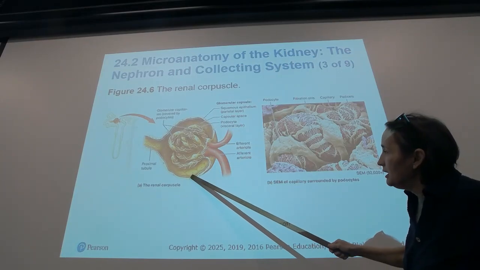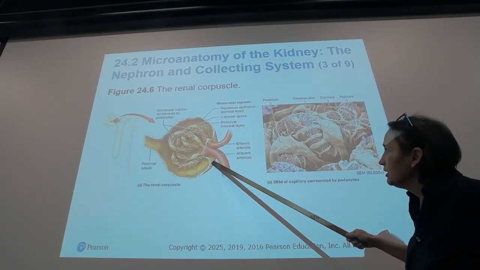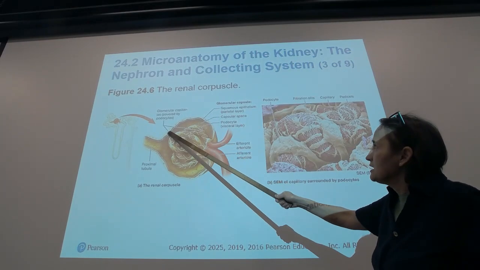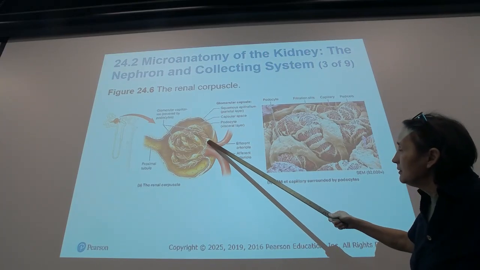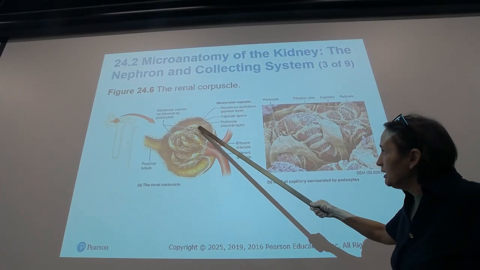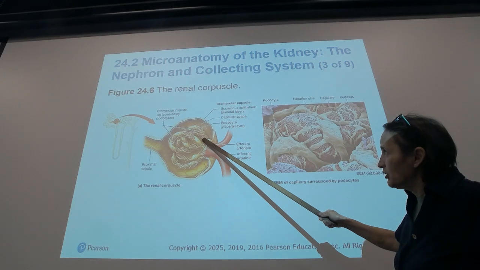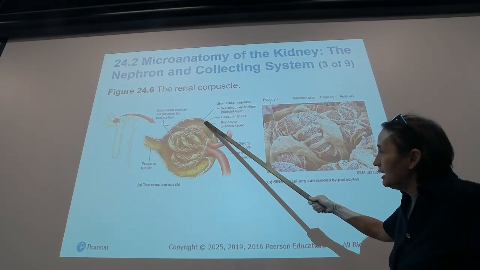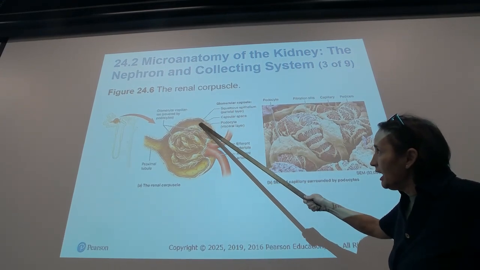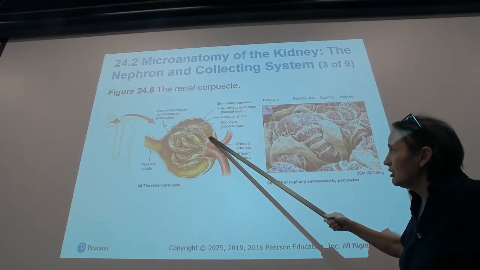And now here we have the parietal layer of the capsule, which is made by this simple squamous epithelium. And then in between the visceral layer, or the podocytes, and the parietal layer, we have the capsular space.